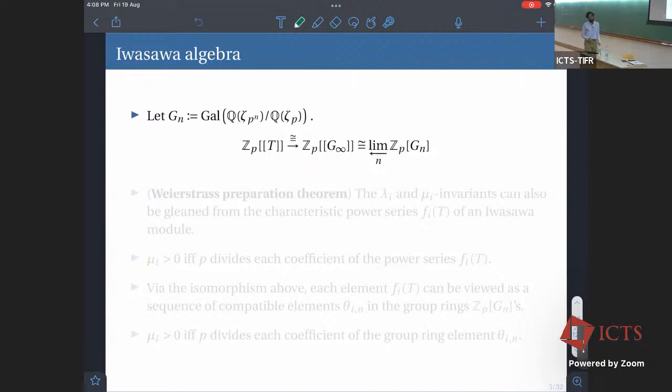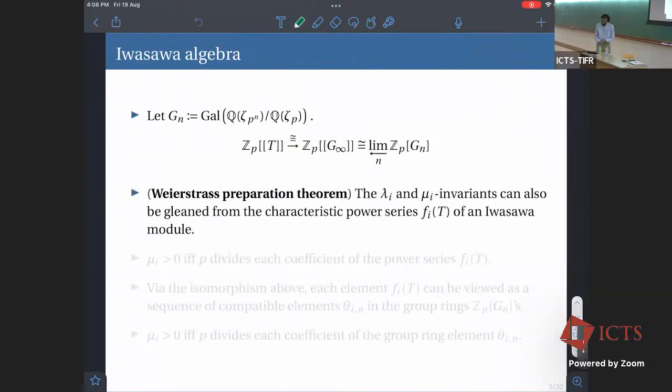And to link it with the Iwasawa invariants that I mentioned earlier, these Iwasawa invariants lambda and mu can actually be found from a power series in Z_p[[T]], the characteristic power series f(T) associated to some Iwasawa module.